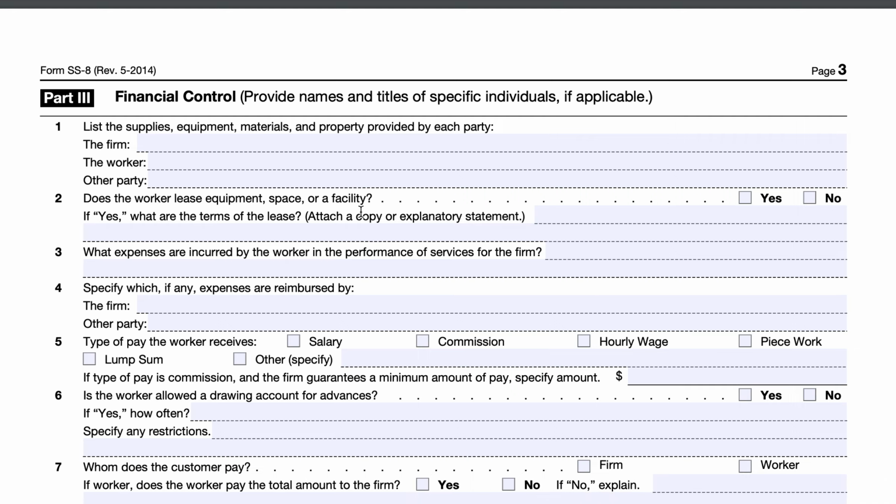Part 3 is financial control. So again, if the firm provides equipment and materials versus the person showing up with their own stuff, like the housekeepers example, does the person lease equipment, space, or facility? If there is a lease, attach a copy of the lease.